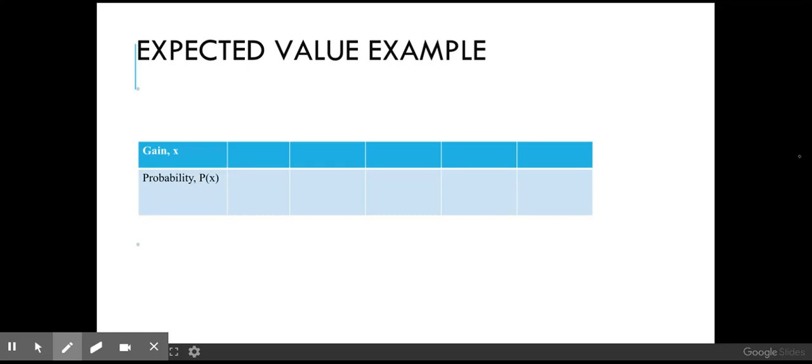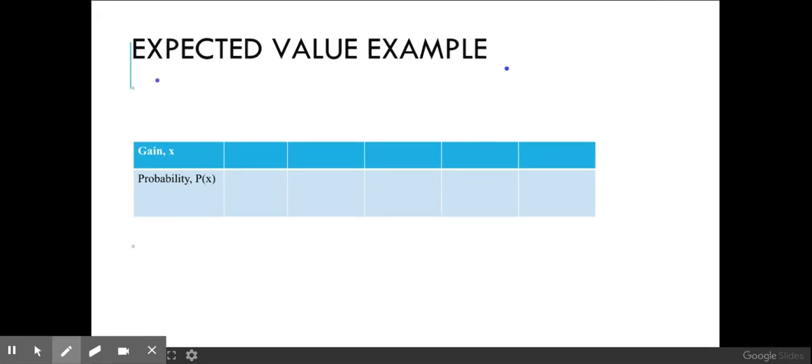So the example that was given says, at a raffle, 15,000 tickets are sold at $2 each for 4 prizes. So we're at a raffle, 15,000 tickets are sold. Or is it 15? 1,500. So we have 1,500 tickets.